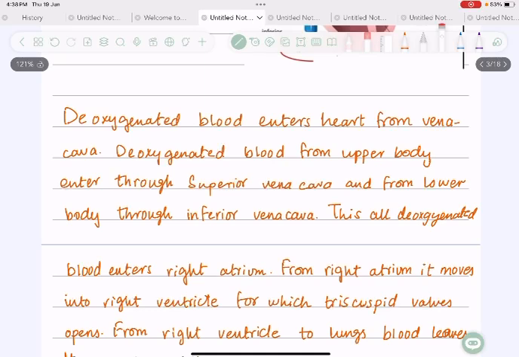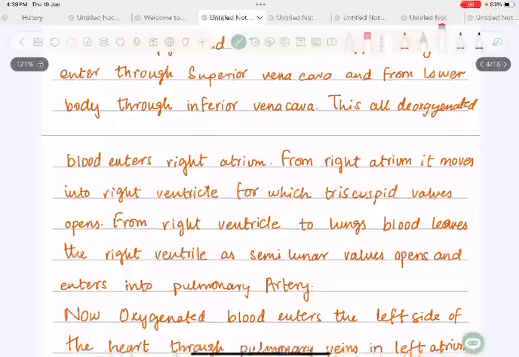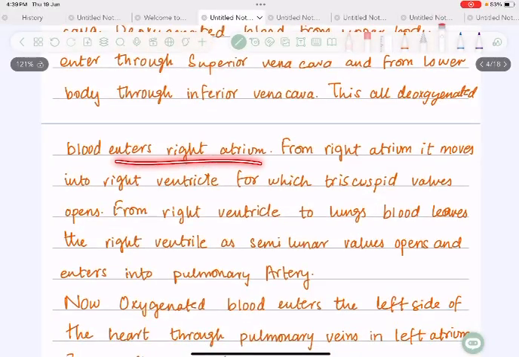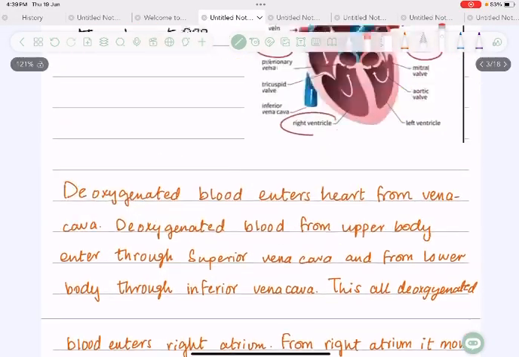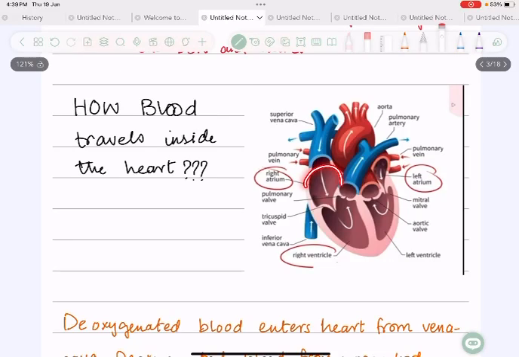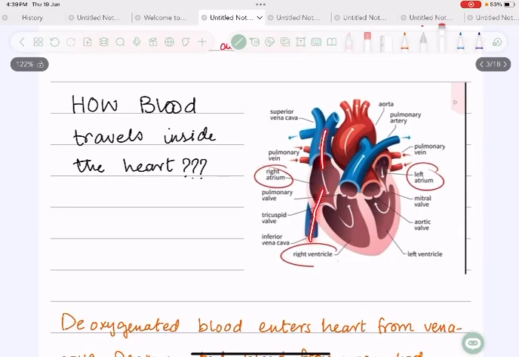All of this is deoxygenated blood which enters into the right atrium. So this is the right atrium, and from these two vena cavas the blood is entering it.